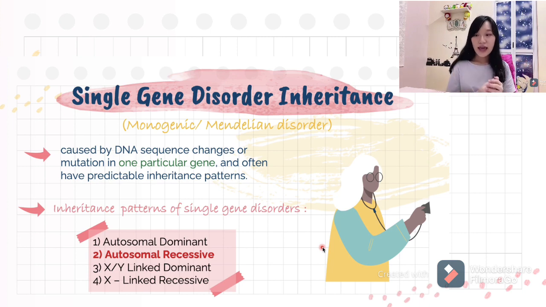Based on Adam's case, he has thalassemia, which means the mode of inheritance of thalassemia is autosomal recessive, no matter what type of thalassemia he has. So thalassemia's mode of inheritance is autosomal recessive.